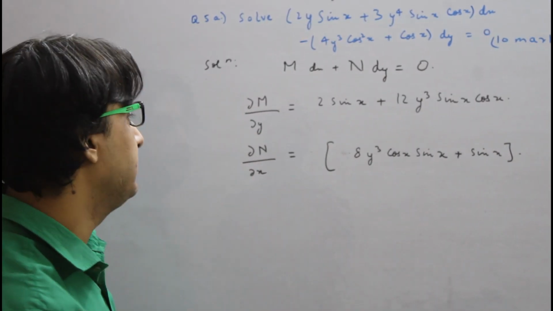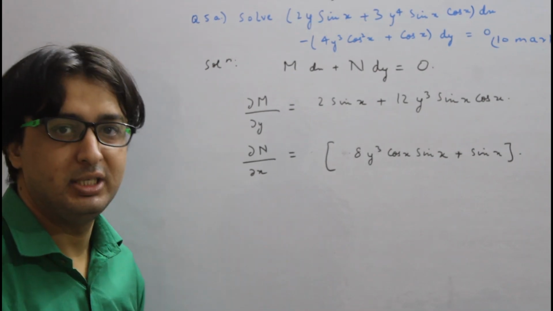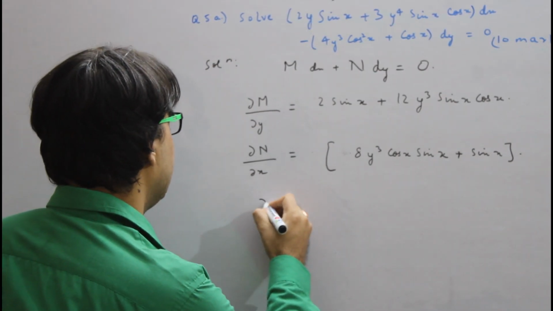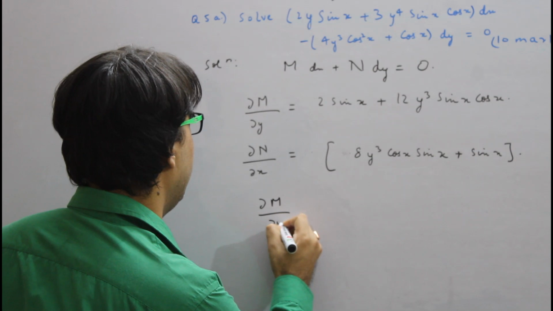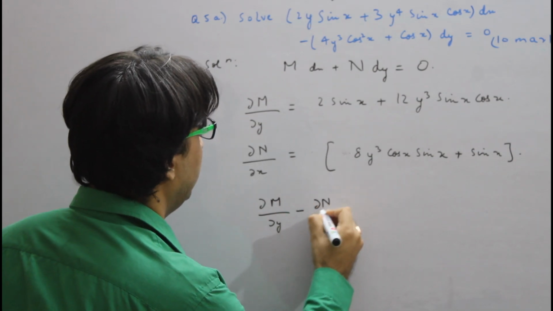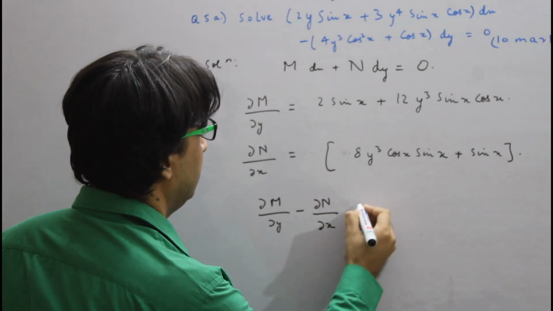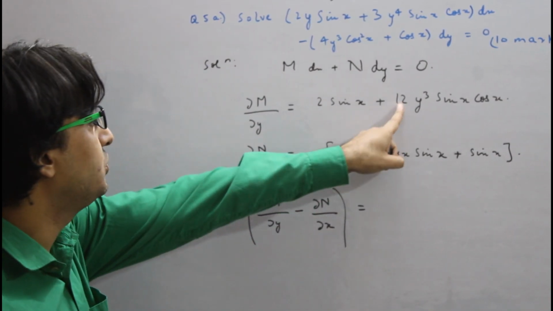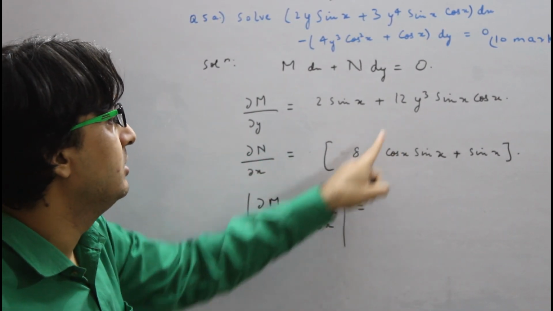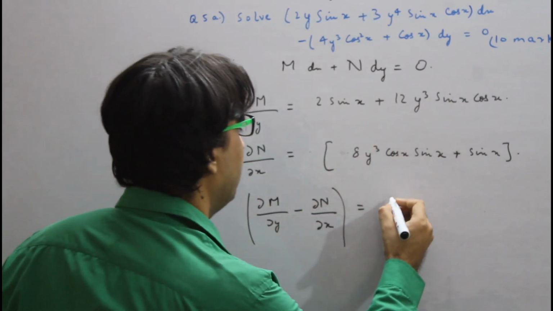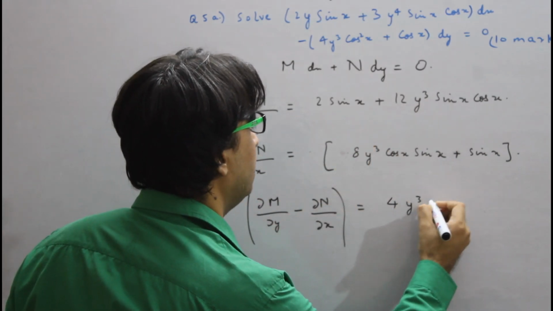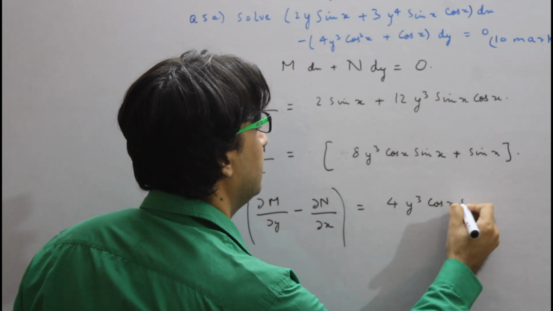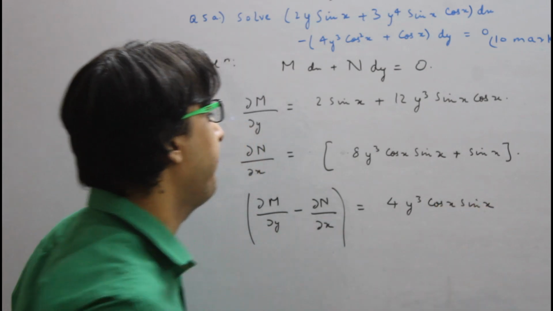So we will try to find the integrating factor, that is ∂M/∂y minus ∂N/∂x. So this is 12 and this is 8, so 12 minus 8 is 4y^3 cos x sin x.